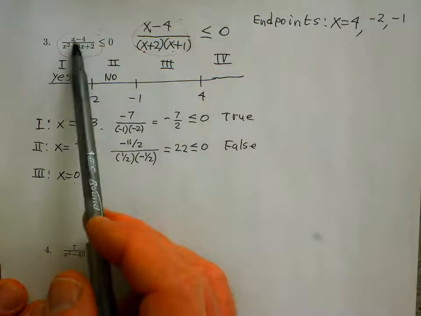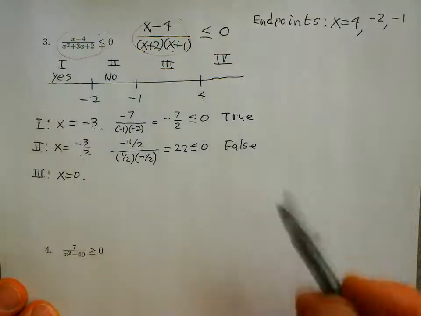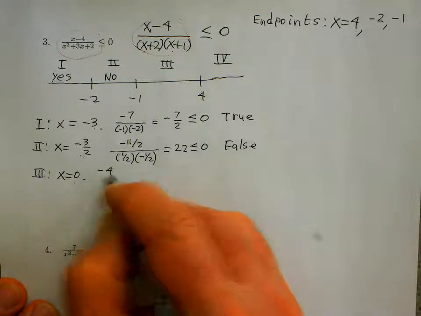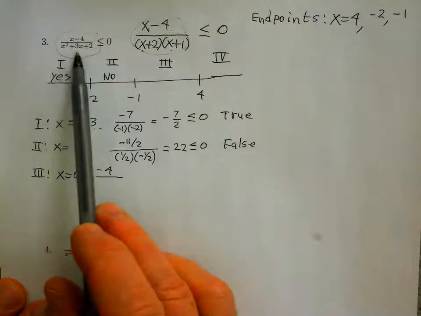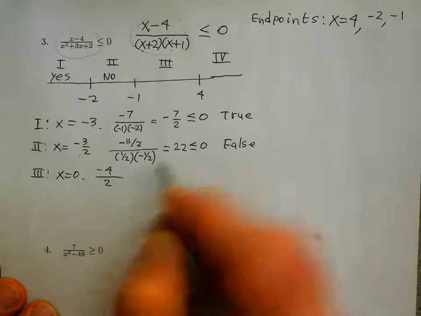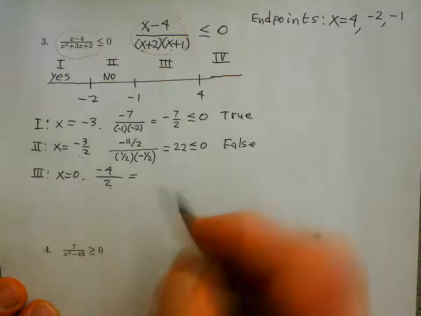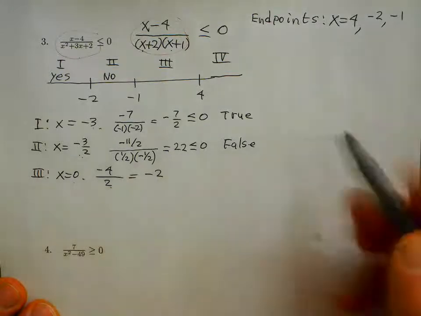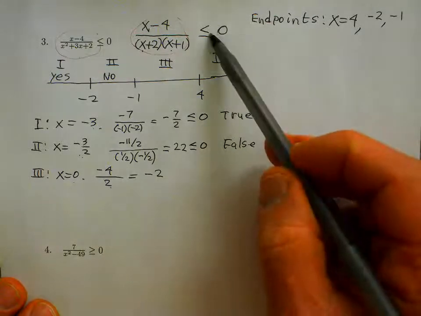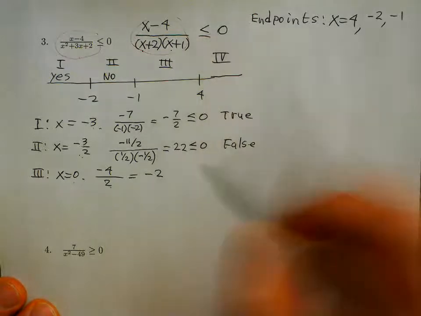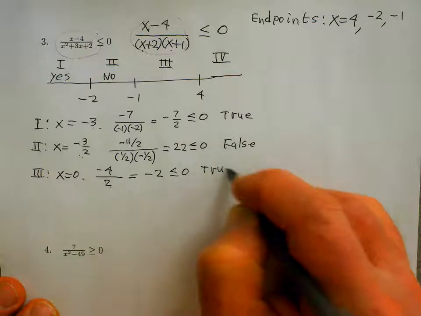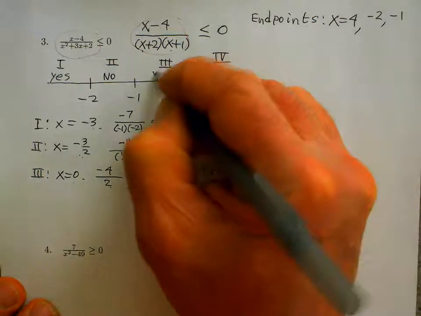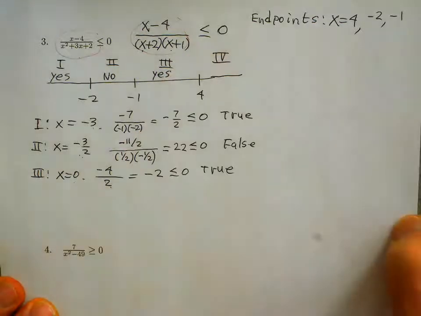Replace every x with 0, so the numerator, 0 minus 4 is -4. In the denominator, 0 squared plus 3 times 0 plus 2 is 2. -4 divided by 2 is -2. The inequality is less than or equal to 0, which is a true inequality. So all of the numbers between -1 and 4 are solutions.